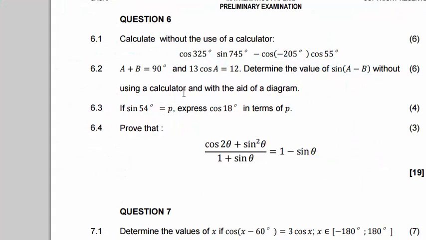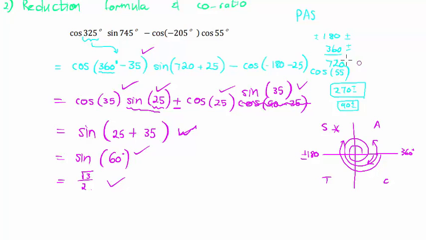Okay, we've done most of it so far. You'll notice now that in these reduction formulas and co-ratios, usually we use PAS. The next one is CAS, changing everything into cos and sine. In this case, everything was cos and sine anyway.